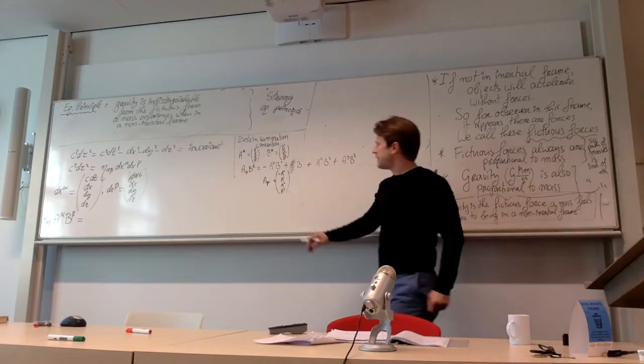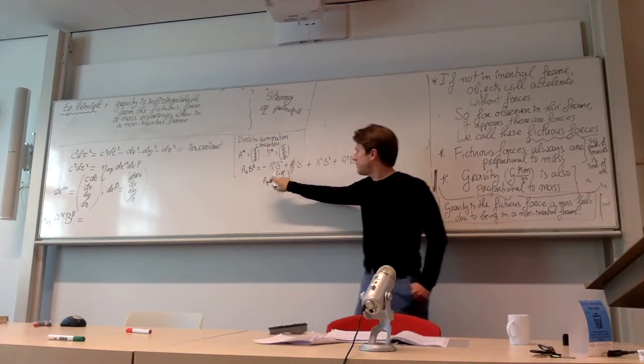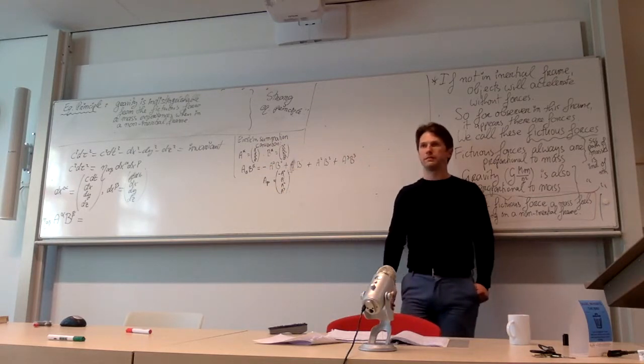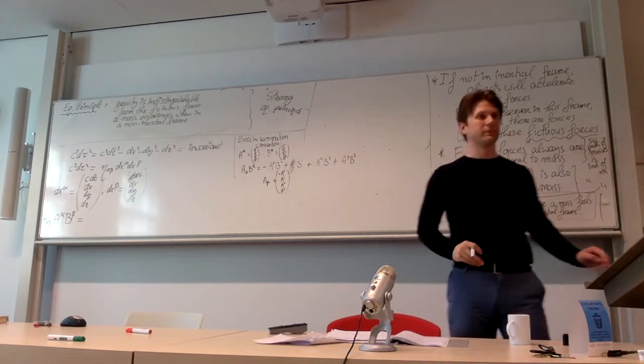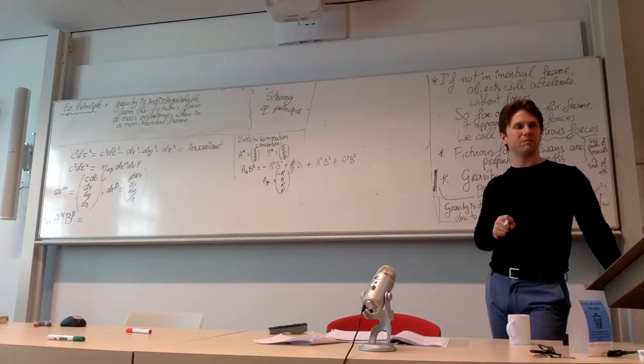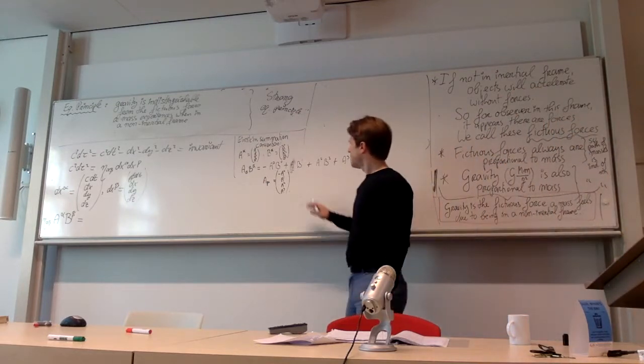If you look closely, I'm taking alpha 0 down, but alpha 0 down is minus alpha 0 up. This is where this minus comes from. Is that the anti-covariant one? Yes, that's the difference, but I decided not to use those names here. You remember from back then, it's the same thing.